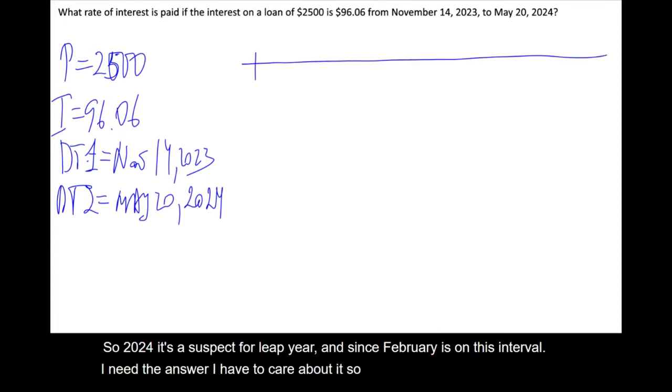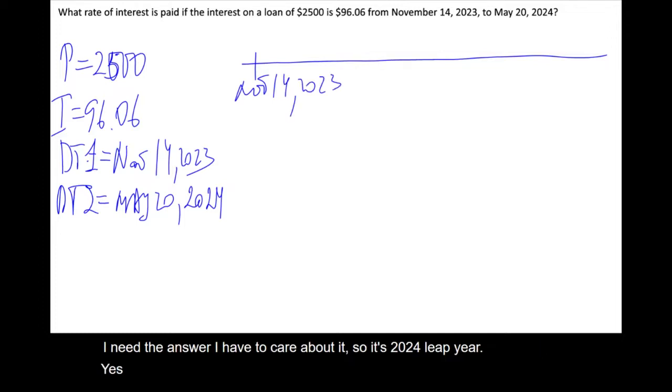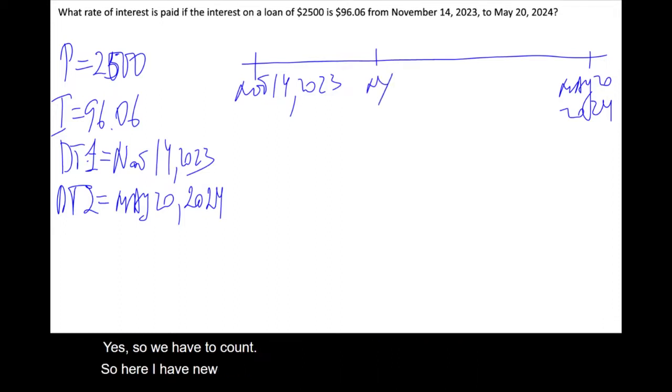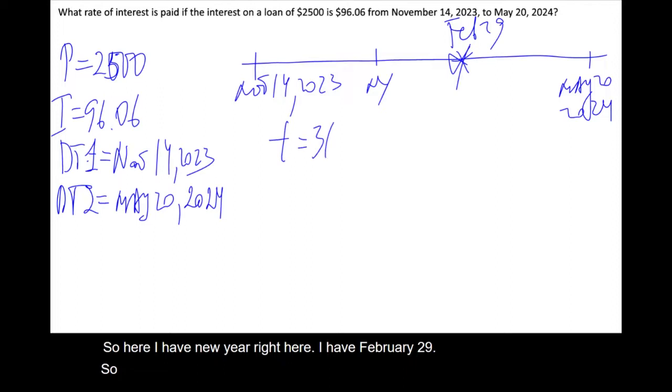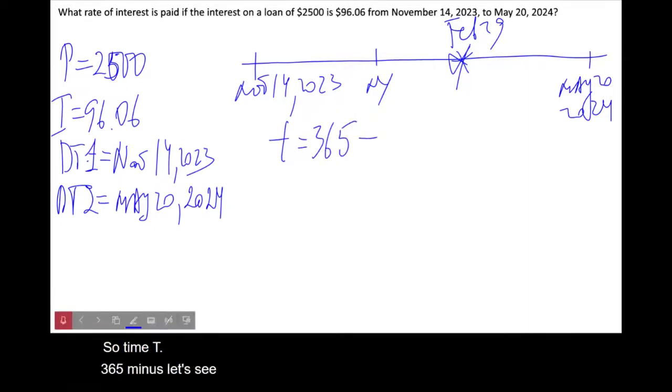So is 2024 a leap year, people? Yes, so we have to count. So here I have New Year, right? Here I have February 29. Okay, so time t, 365 minus, let's see, what is November 14?